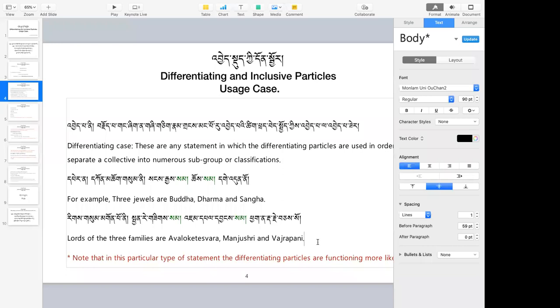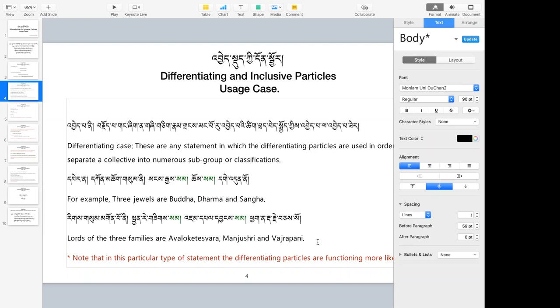So these three subgroups are separated by the usage of the differentiating particle, and the collective is Riksung Gompo, lords of the three families. Now, like we said in the definition, there are two criteria that should be fulfilled. And we see that in both of these example statements, both criteria are fulfilled. First, both statements are ones in which a collective is separated or differentiated into subgroups or classifications.